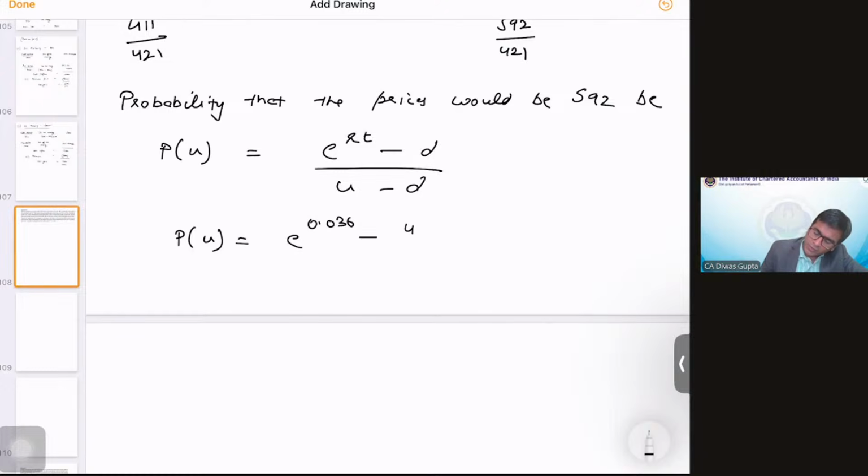Minus 411 divided by 421 divided by 592 divided by 421. This is the proportion of the prices going up, right? And similarly here as well, 411 divided by 421, students.